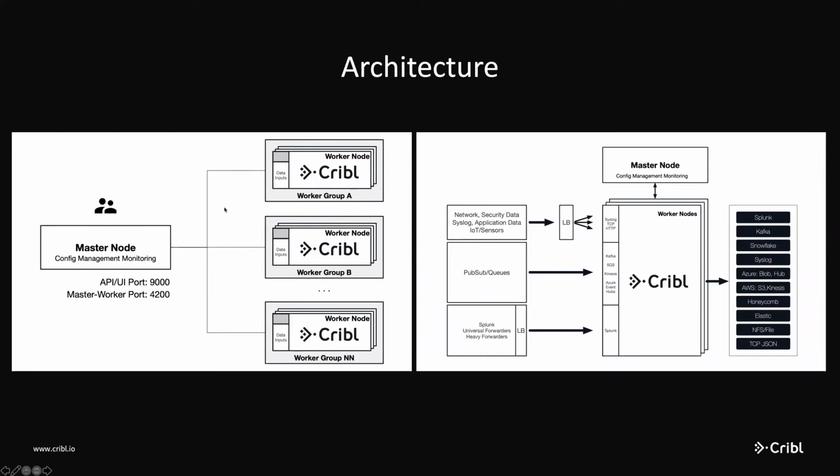That's just a standard TCP connection where workers are feeding metrics back up. The management node is signaling down to workers that a new configuration change has been pushed. Those workers will then pull configurations via the API port. So both of these ports need connectivity between masters and workers.